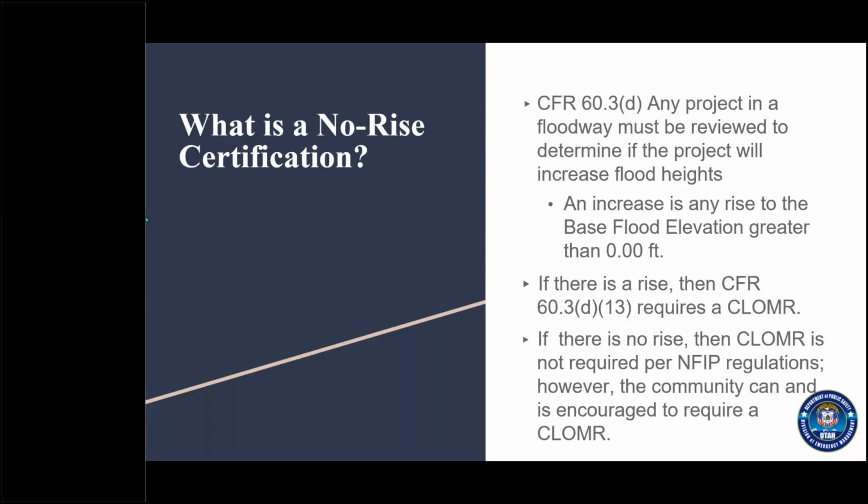So what I would recommend when it's the A zone is where we go back to using best available data, because A zones are just these approximate zones. We just do not have the information basically to say this is the BFE. Somebody's going to have to develop those BFEs, right? So that's where the best available information comes in.